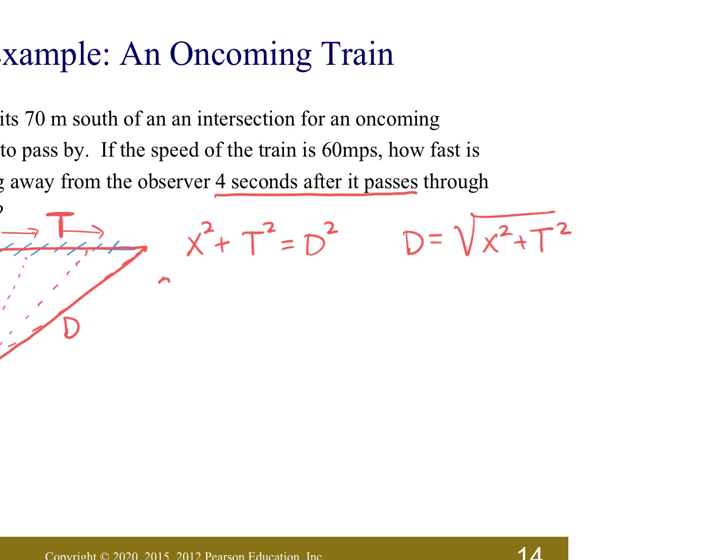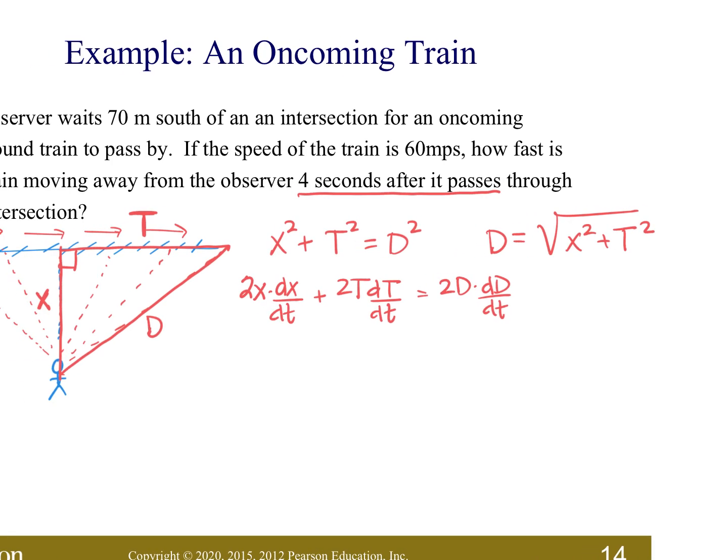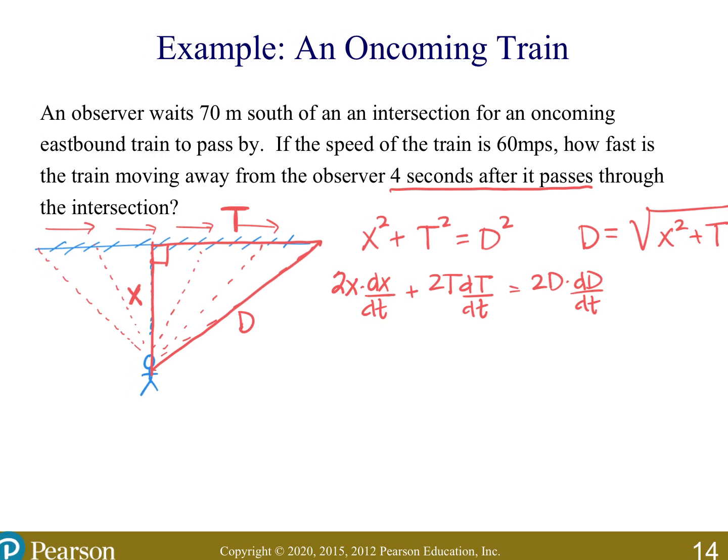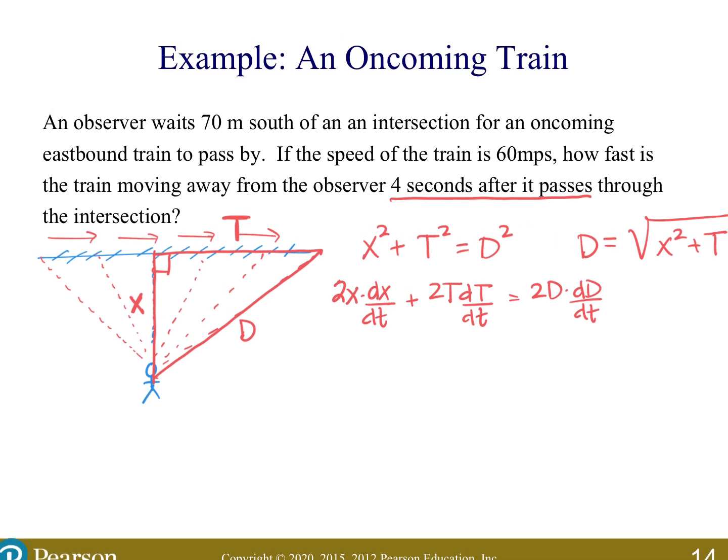So my derivative is going to be 2x dx/dt and 2t dT/dt, capital and lowercase, and then 2d dD/dt. Then I'll look back and see what numbers I am going to be putting into this derivative. So I've got the number 70.